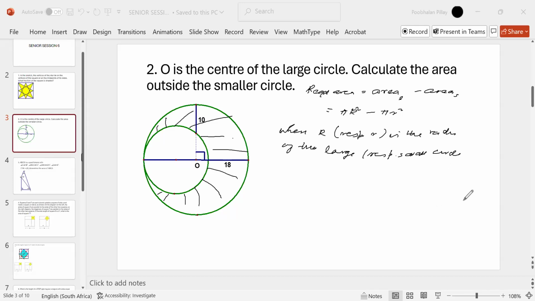So we need to calculate these now. So that's the challenge. How do you calculate these?